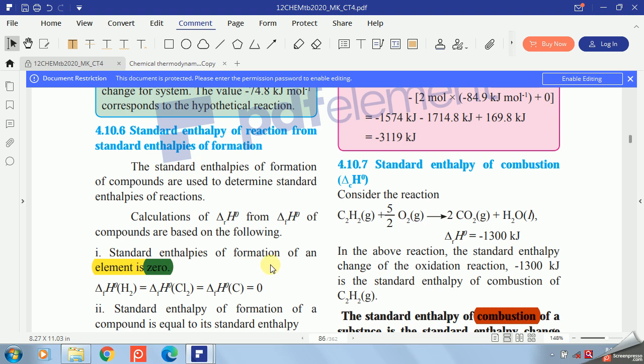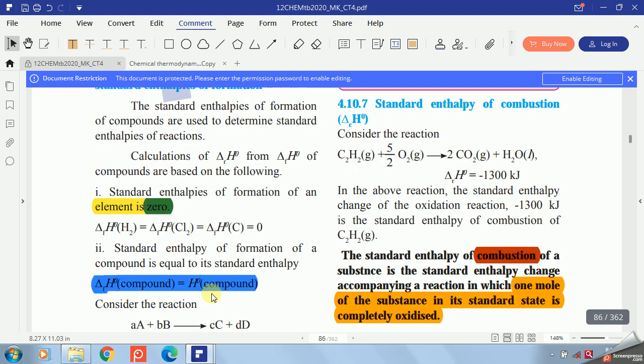Standard enthalpy of formation of an element is always considered as 0. Hydrogen is an element, chlorine is an element, carbon is an element, so enthalpy of formation is 0. Remember this. Carbon in element form, hydrogen and chlorine in molecular form, but here standard enthalpies of formation are considered to be 0.